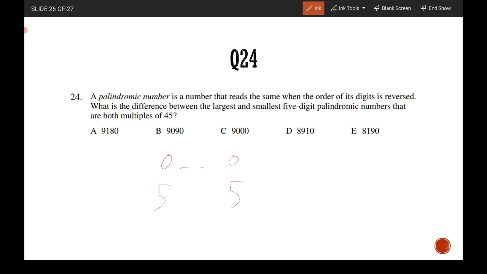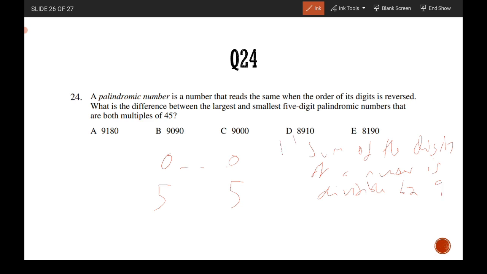And there's one more factor we have to consider, which is the sum of the digits of a number, sorry for the poor handwriting, is divisible by 5. Sorry, 9. It's divisible by 9.